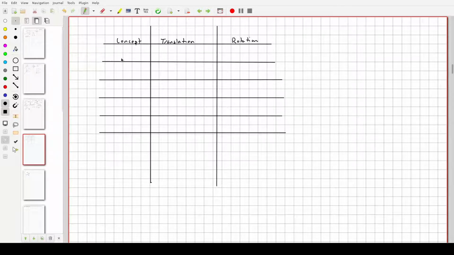So the first concept is position. From a translation standpoint, along one dimension, we used x, and for rotation, we're going to use theta. The next we had was displacement.